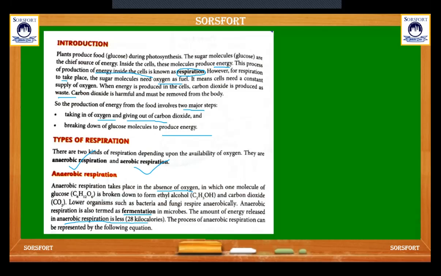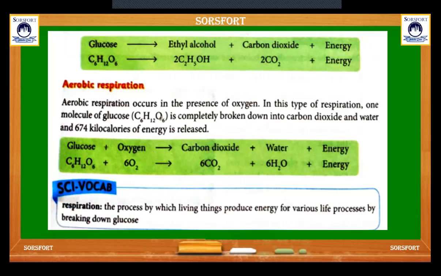The process of anaerobic respiration can be presented by the following equation. When glucose breaks down, it forms ethyl alcohol, carbon dioxide and energy. But in aerobic respiration, in the presence of oxygen, glucose breaks down to form carbon dioxide, water and energy.